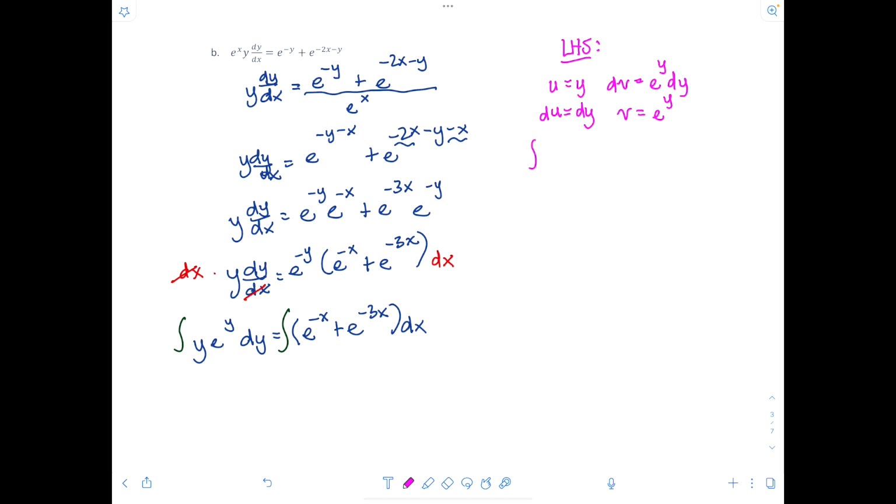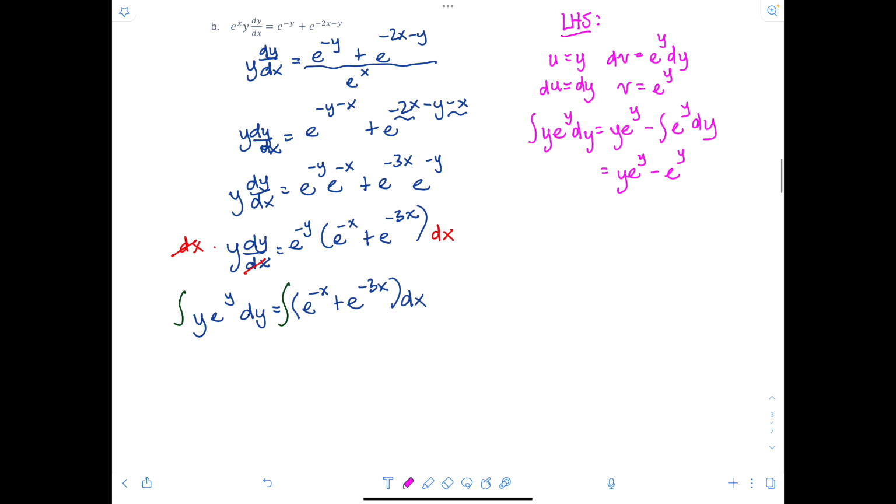So the integral of y e to the y with respect to y will be equal to u times v, so y e to the y minus the integral of v, which was e to the y, du, which is dy. So that would give us y e to the y minus e to the y. All right, so we're going to put that in the left-hand side, y e to the y minus e to the y.